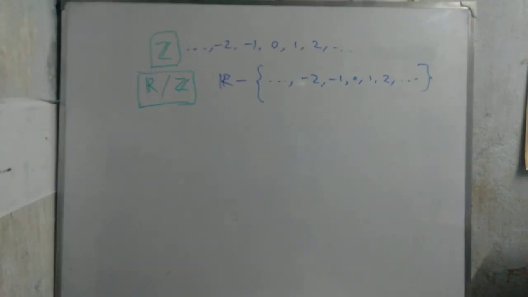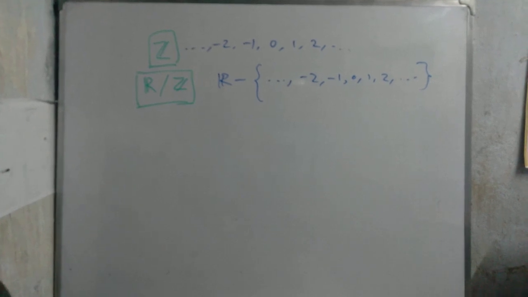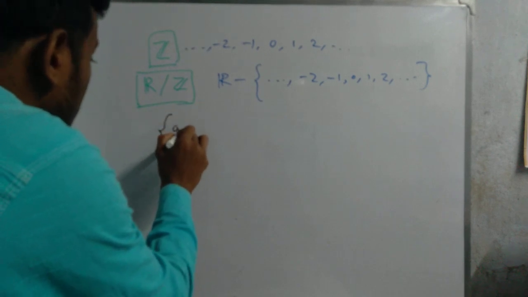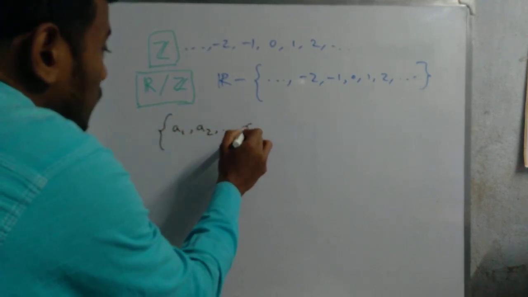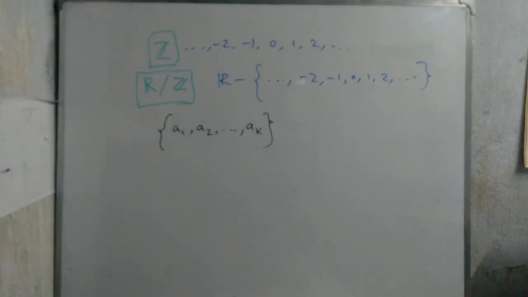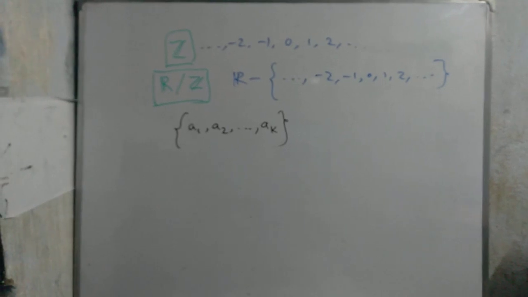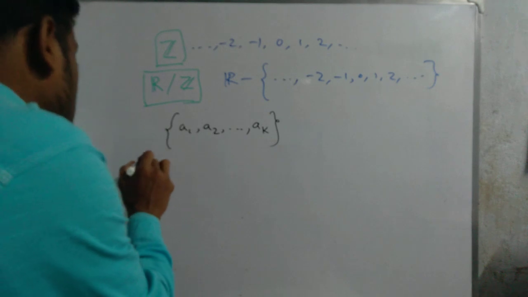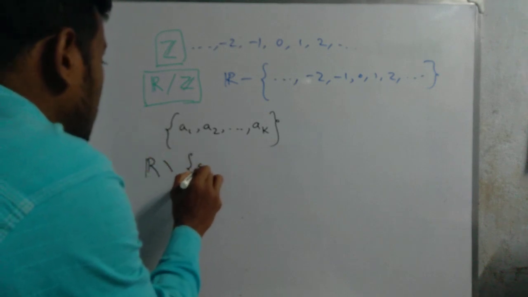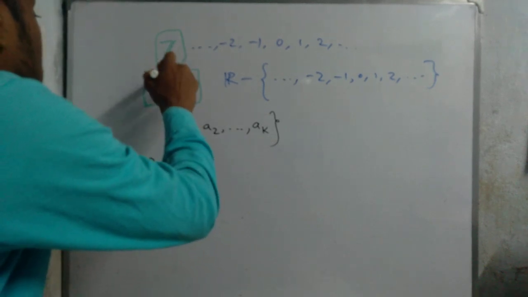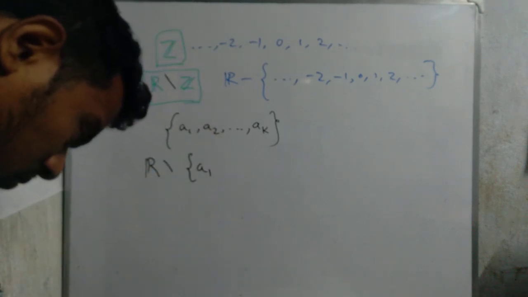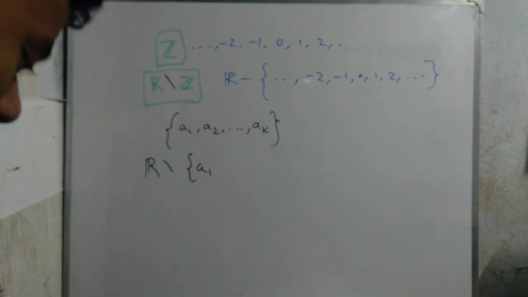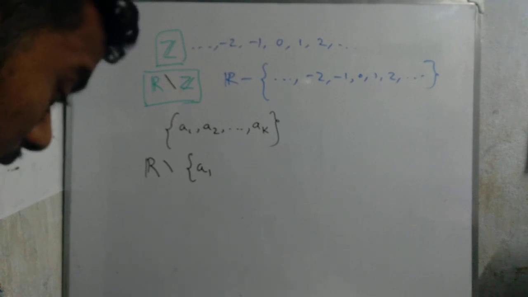Now we construct any finite set, because any finite set is closed, in this way: a1, a2, ..., ak. This is one finite set which contains k elements. Then we talk about R difference this finite set, R difference any finite set.